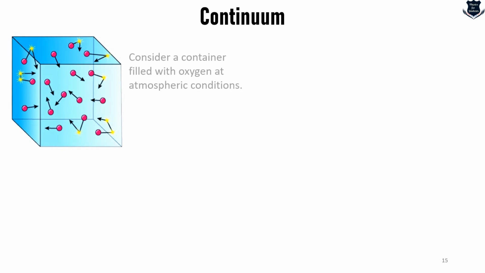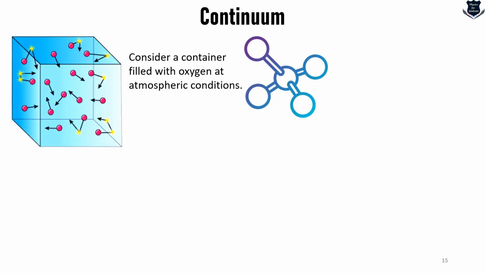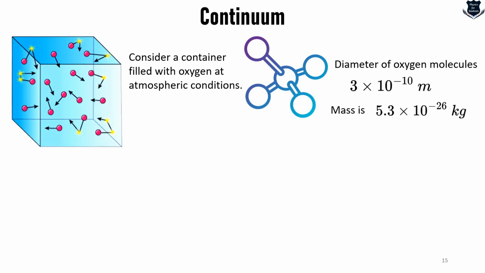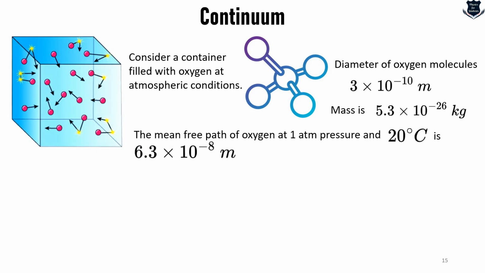The diameter of the oxygen molecule is about 3 times 10 to the minus 10 m, and its mass is 5.3 times 10 to the power minus 26 kg. Also, the mean free path of oxygen at 1 atmosphere pressure and 20 degrees Celsius is 6.3 times 10 to the power minus 8 m. That means what?